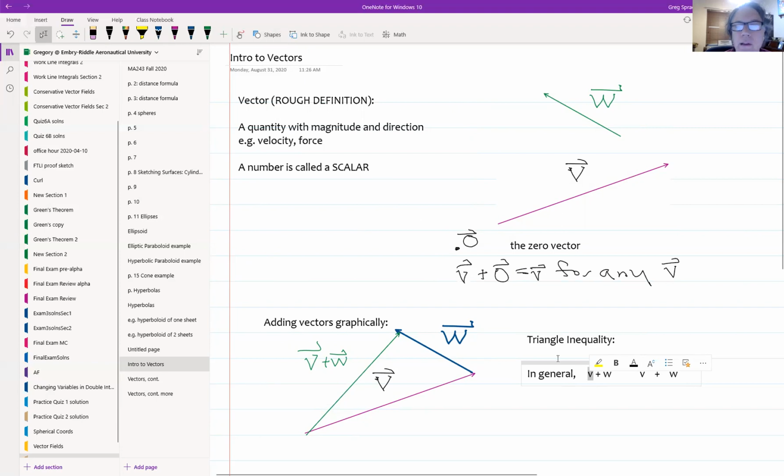Now, the length of vectors is not a linear operation, just like most functions are nonlinear. Let me write what that means.